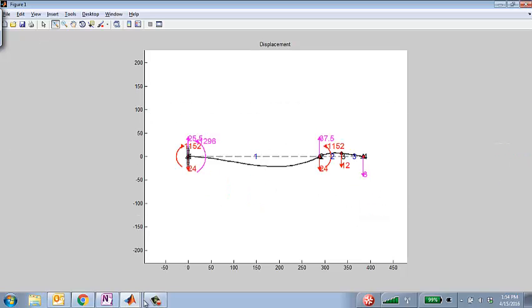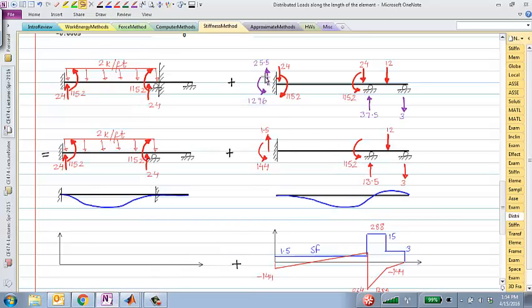So hopefully you can make out these numbers, 25.5 and so on. So I'm going to use those reactions, and I'm going to sum up the nodal forces using those reactions. So 25.5 up, 24 down means a net of 1.5. There's a 1296 this way, 1152 this way, so that remains a 144 end moment in this direction.